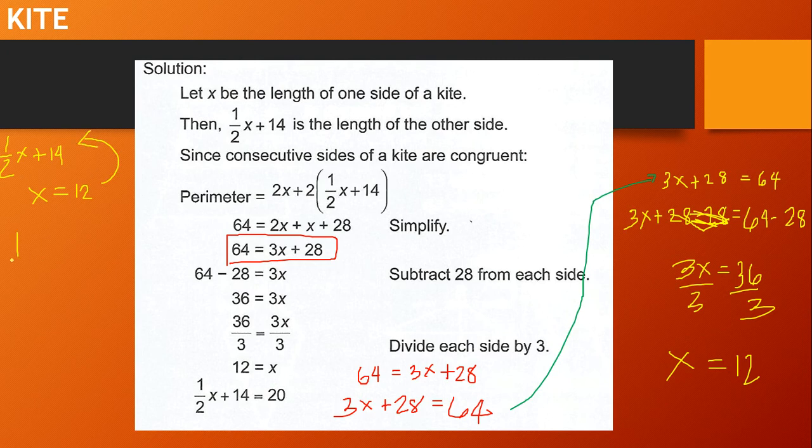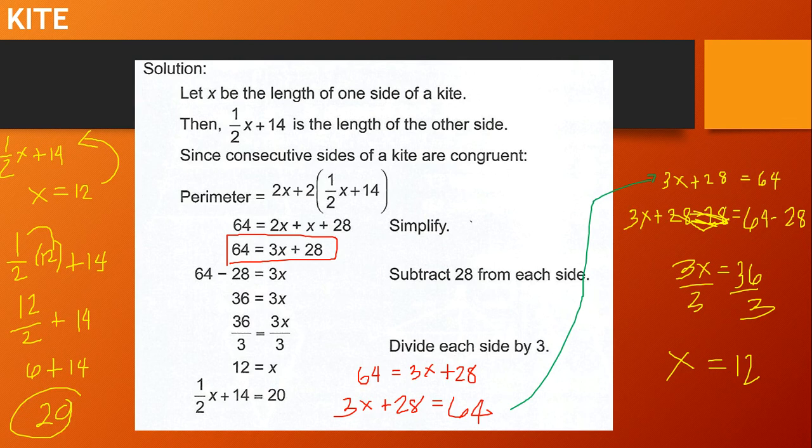So instead of 1/2 x, 1/2 times 12, then plus 14. Then i-multiply nimo, 12 over 2, then plus 14. Then 12 over 2, that's the same as 12 divided by 2. May mo siyang 6. Then plus 14. So therefore, that is equals 20.